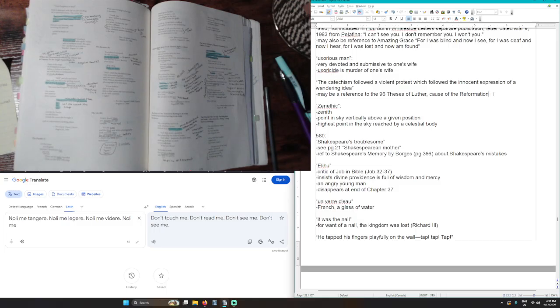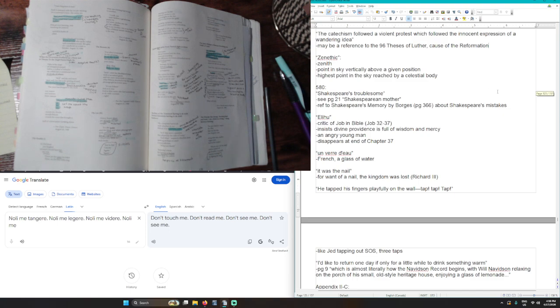So all the violence that followed the Reformation caused by this expression of an idea by Luther, against certain catechistic ideas in the Catholic Church. Zenithic comes from zenith, which is a point in the sky vertically above a given position, or it could also mean the highest point in the sky reached by a celestial body. So, really, really high.